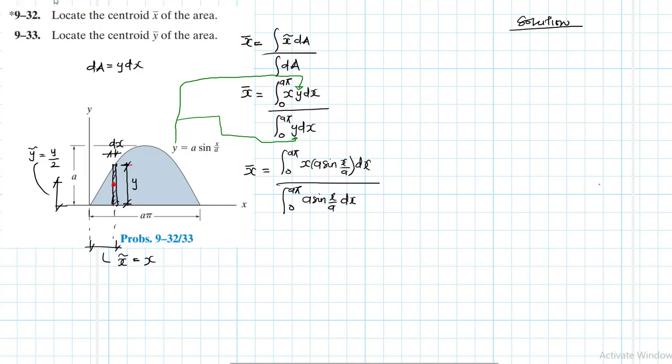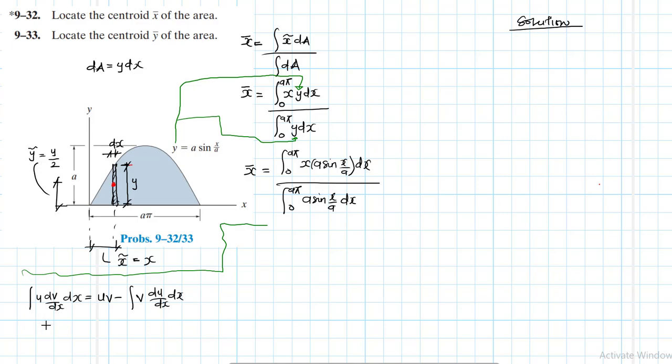Let me use this space here. Integration by parts: the integral of u dv equals u v minus the integral of v du.